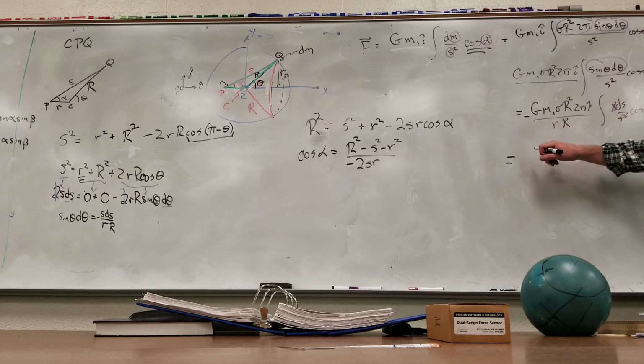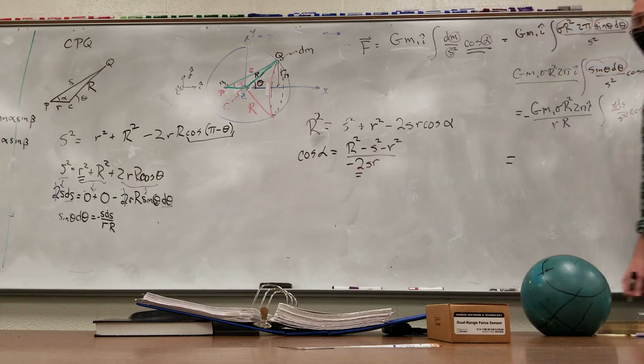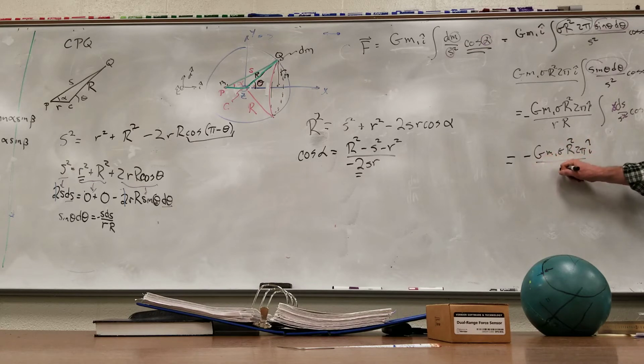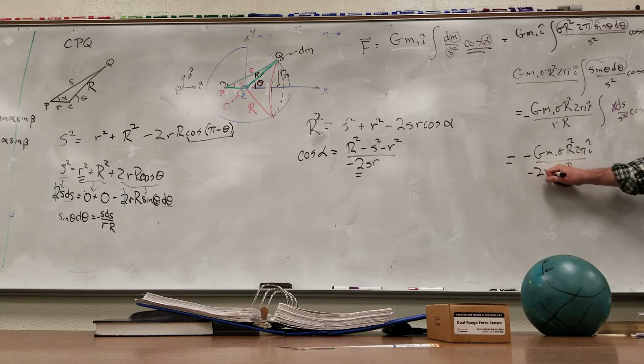So now, the only constant I can really pull out here is this 2. I guess the 2r can come out in the denominator. So I get negative g m1 sigma big R squared 2 pi I hat over little r big R. And then putting that in there, I can pull out a negative 2 little r.